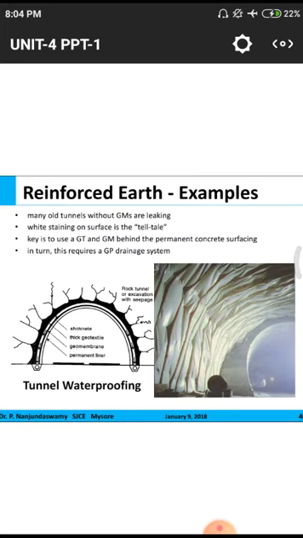Whenever there is water, it will filter through these cracks, and we have to face some leakage. The key to this is the performance of the concrete lining. It requires a GP drainage system. GP means geopolymer, so a GP drainage system means a geopolymer drainage system.